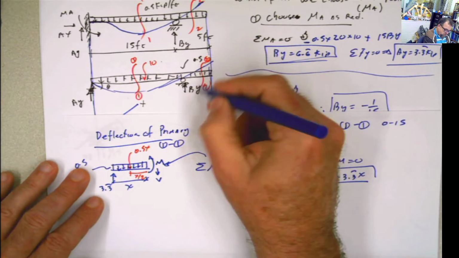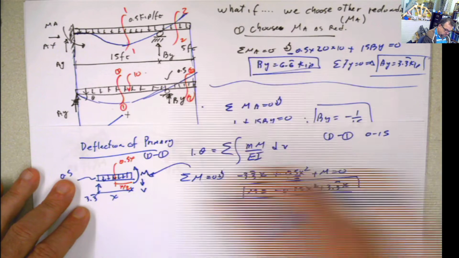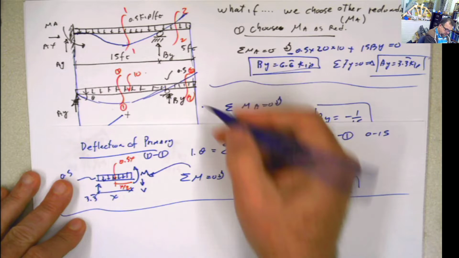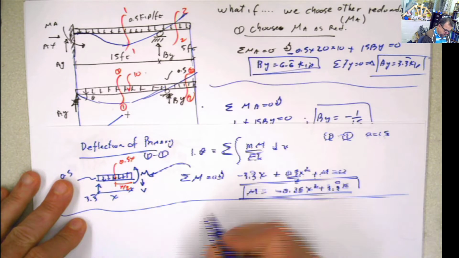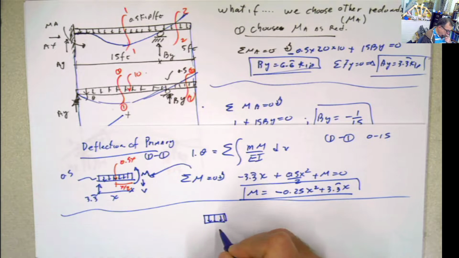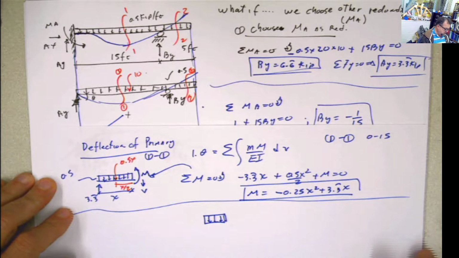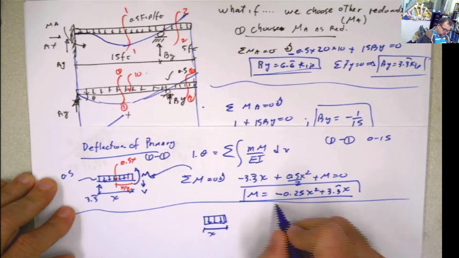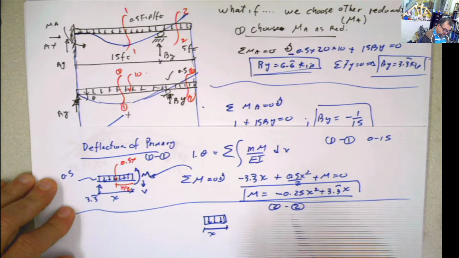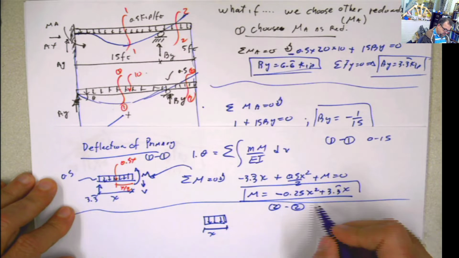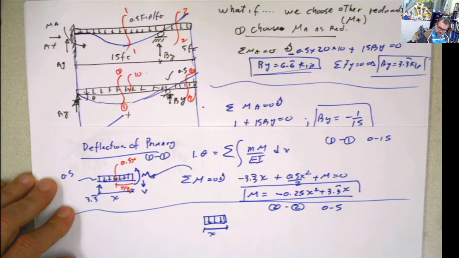Now for section 2, I'm going to do the same thing, but I'm going to take it from this part just for practicing, so you lose the fear of doing it from any direction that you want to. So if you do that, this is going to be x. This is going to be my section 2 in the primary, and it is going to be from 0 to 5.